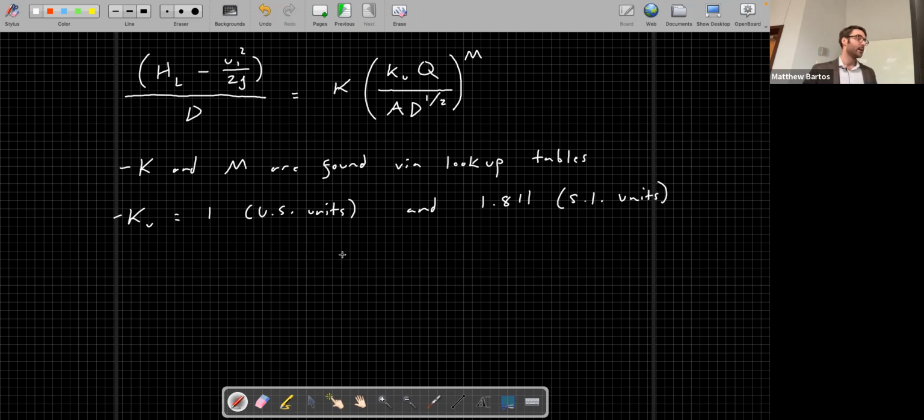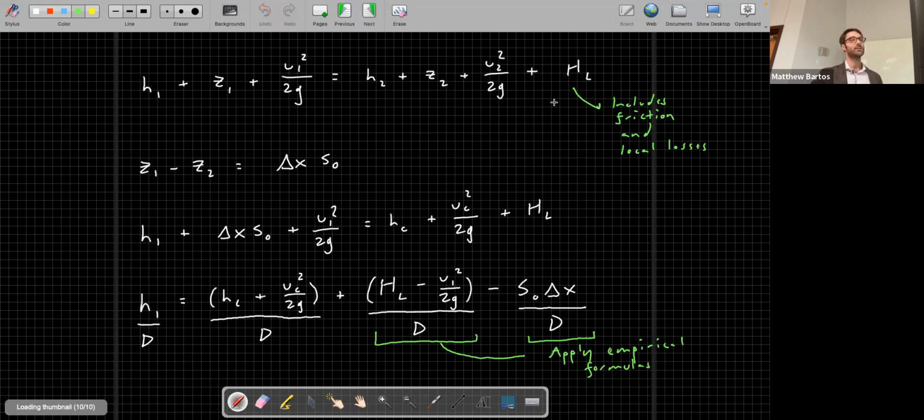Okay. And there's one more assumption we're going to make. So we have this term essentially describing the velocity head and local losses.